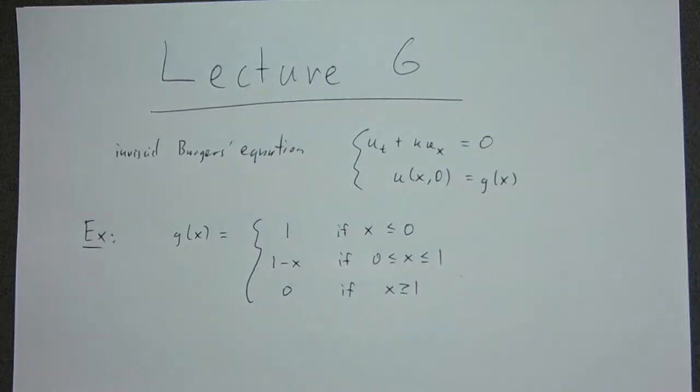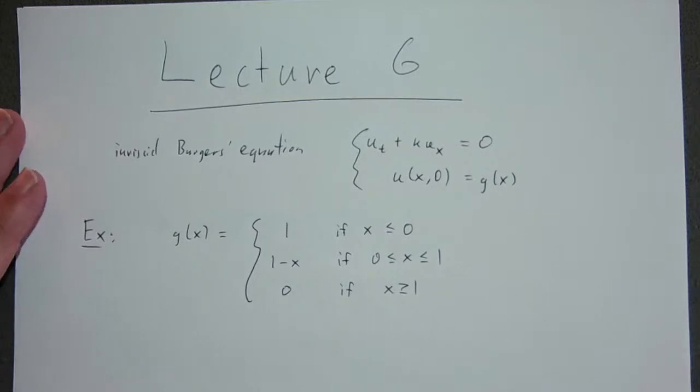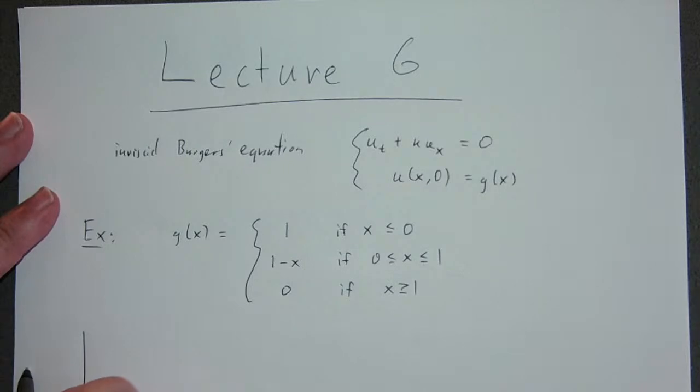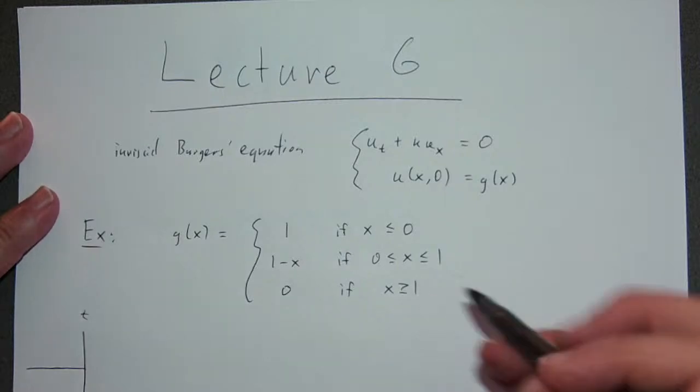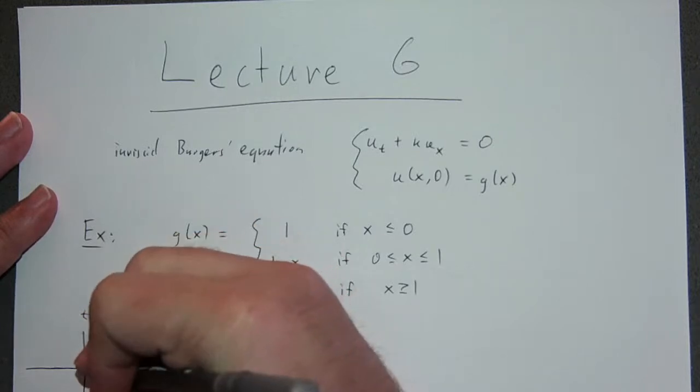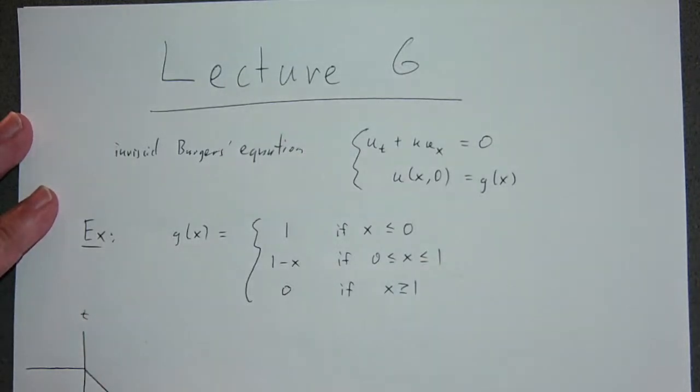Now, what does this look like? The plot of this is going to be, well, a constant 1. If this is the t-axis, this is the x-axis, it's a constant 1 until x equals 0. And then it is the line 1 minus x, which looks like this, until x equals 1.